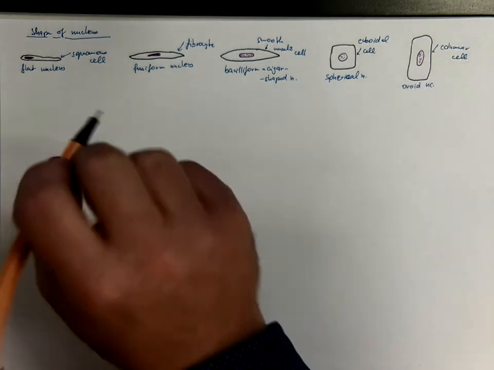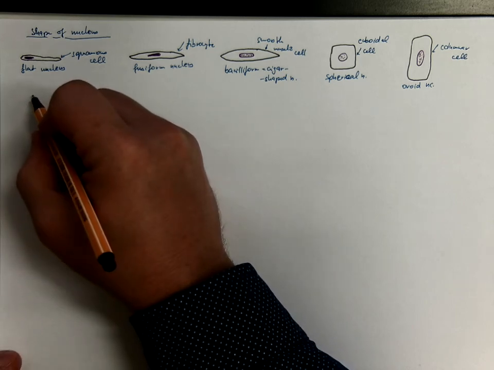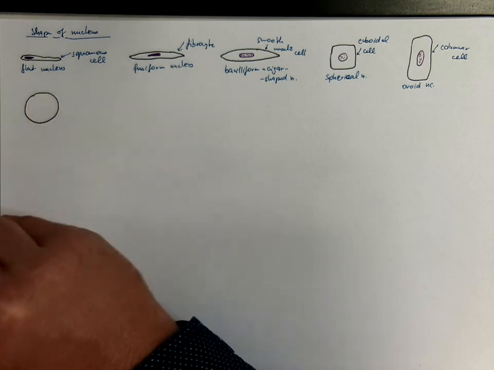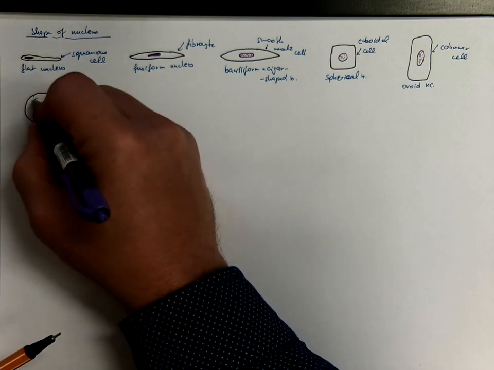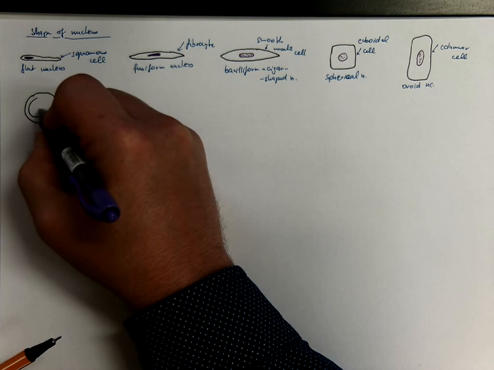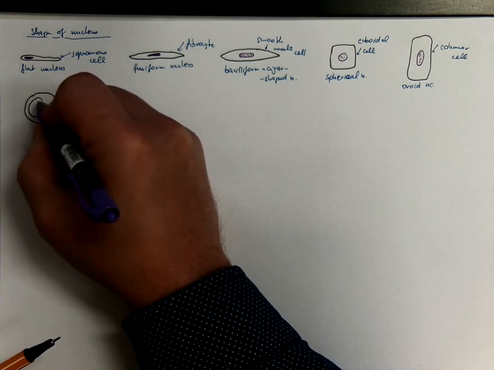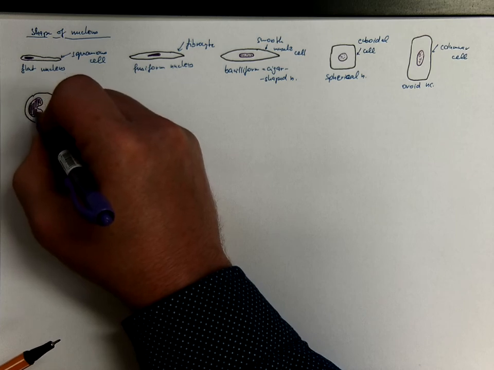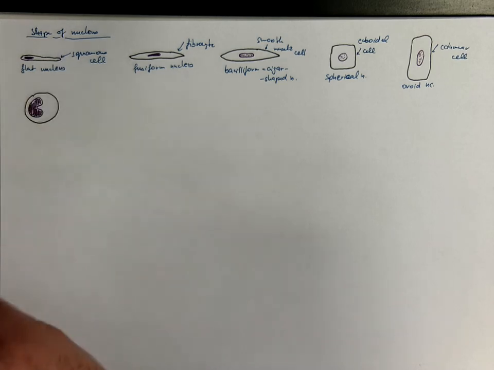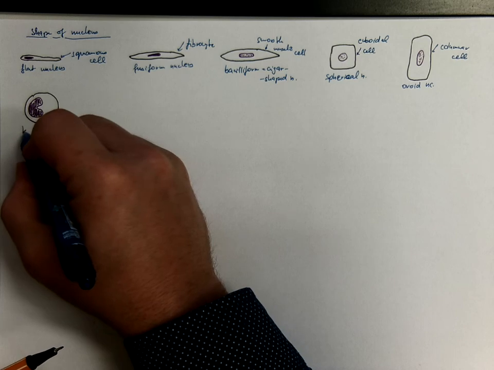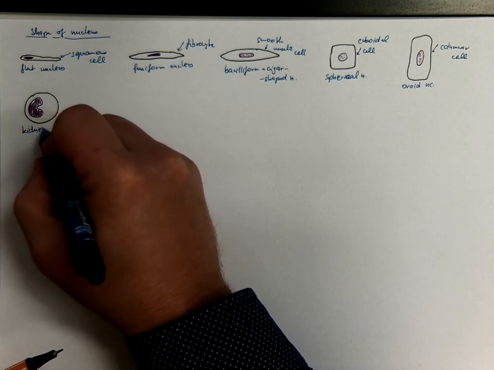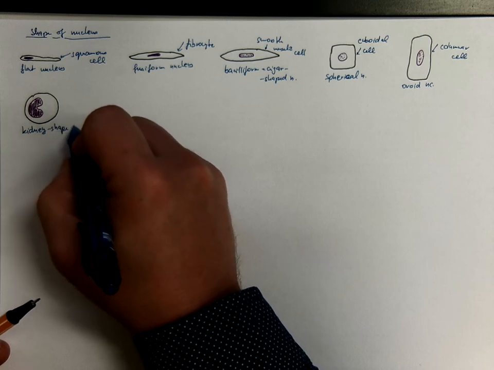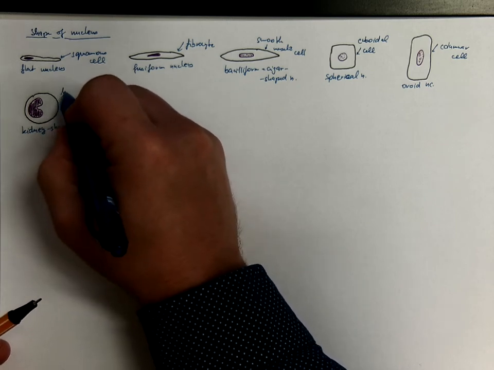Other characteristic shapes of nucleus might be, for example, in blood monocytes, which are the largest cells of the peripheral blood, there is this incision making the nucleus look like a bean or a kidney. Kidney-shaped nucleus in a blood monocyte.